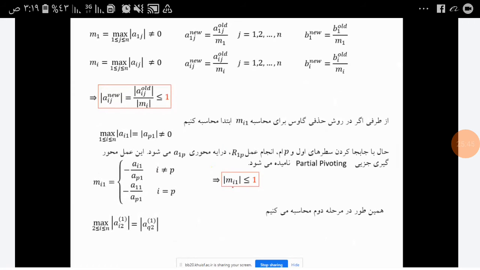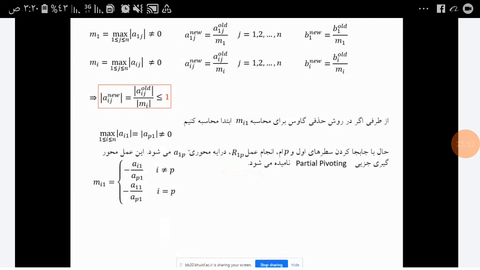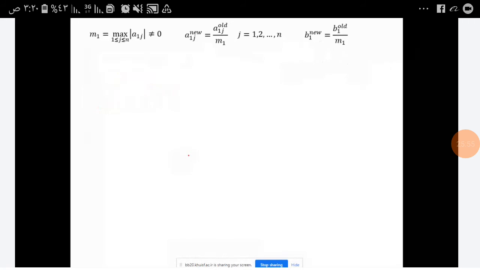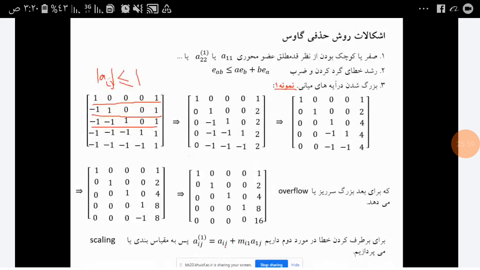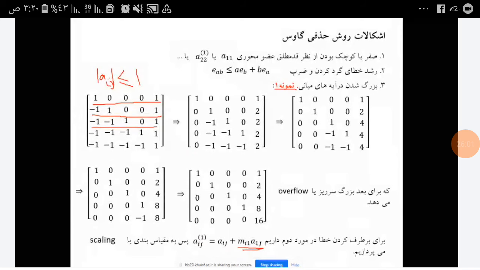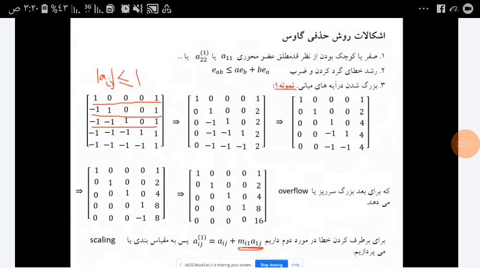Be careful, we have mi1 less than or equal to 1, Aij less than or equal to 1, and in this case we have the multiplication mi1 times a1j.